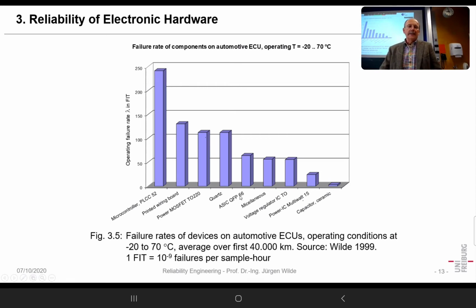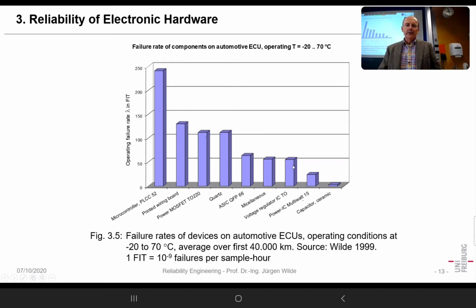So you could generally say the complexity of that ASIC is probably the same or higher than the complexity of the microcontroller. So how many transistor elements do you have in it? Then we have some miscellaneous devices.